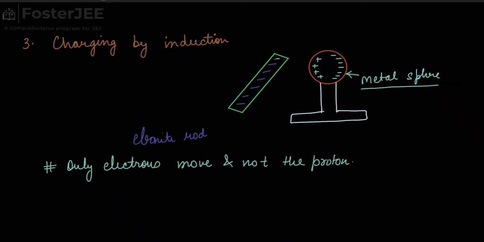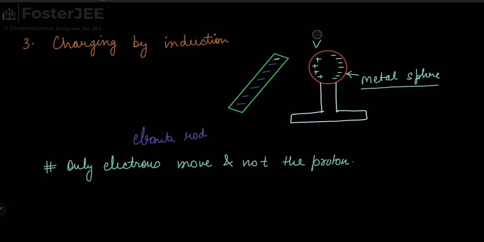Now the doubt arises that then how come the protons came here after feeling some attraction from the rod? The answer is very simple, that initially in this region electrons and protons were distributed equally over the surface. Once we take this rod closer to the sphere, the electrons will go to this side, whereas the protons will remain this side.